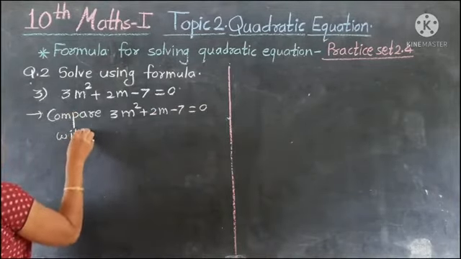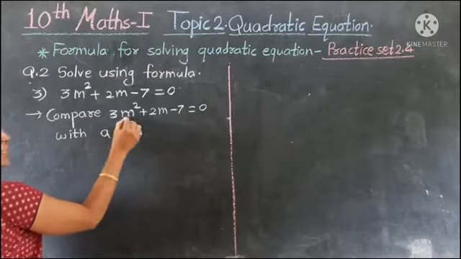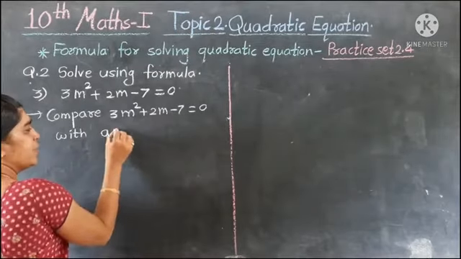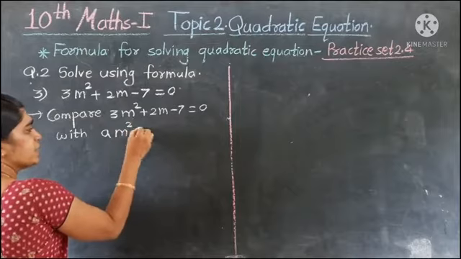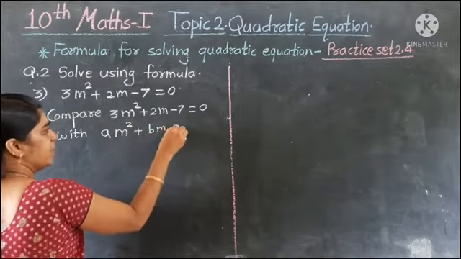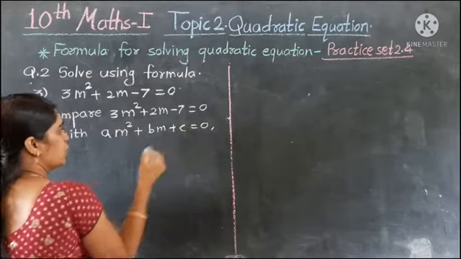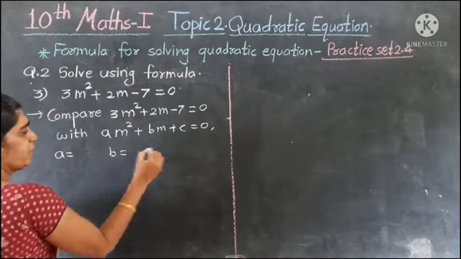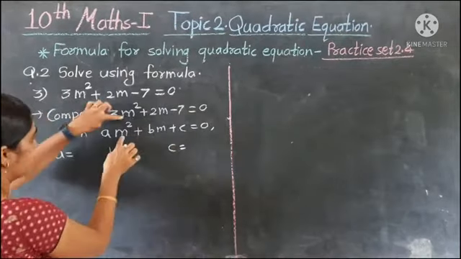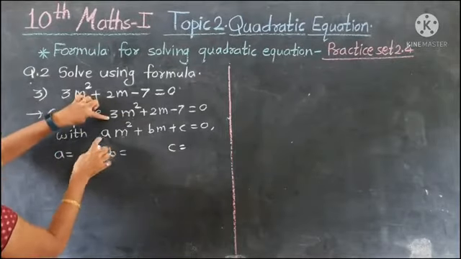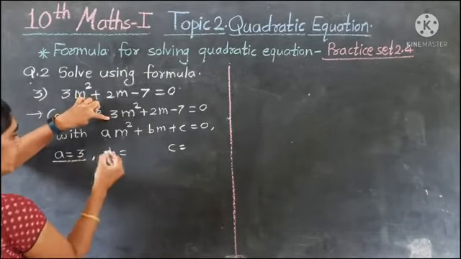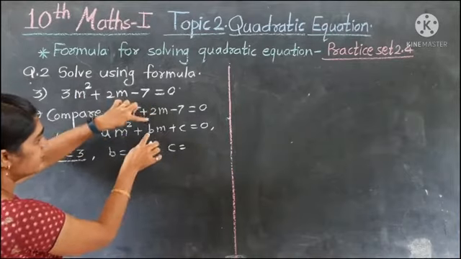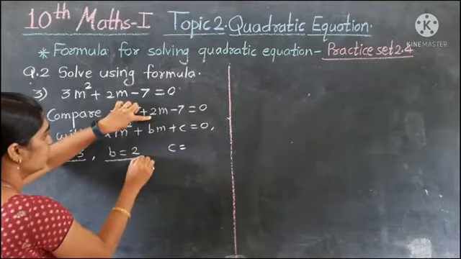Here the variable is not x, the variable present here is m. So you compare with am square plus bm plus c is equal to 0. We get the values of a, b and c. M square as it is, a is 3. As it is, we get b is equal to 2.